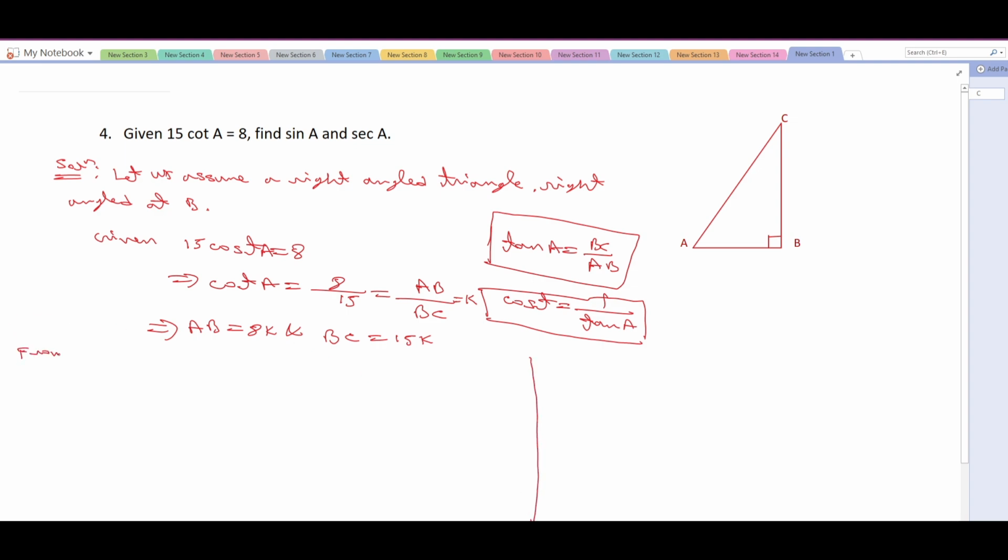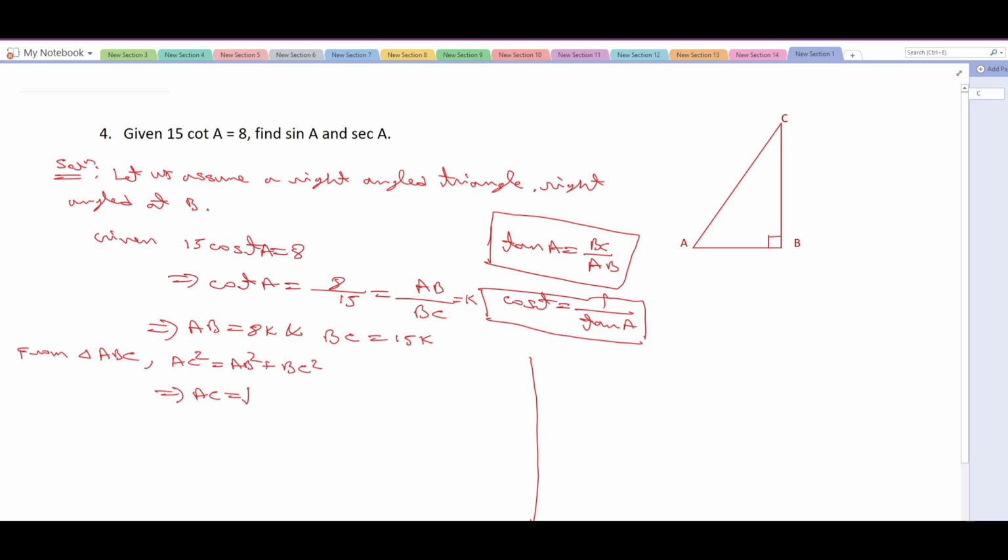From triangle ABC, using Pythagoras theorem, we have AC square equal to AB square plus BC square.